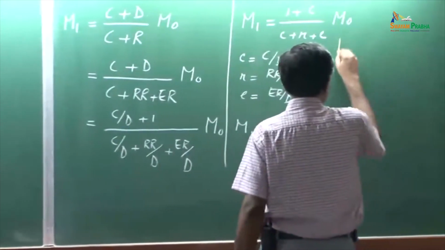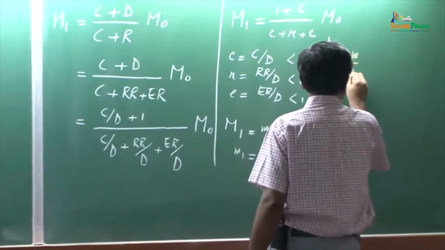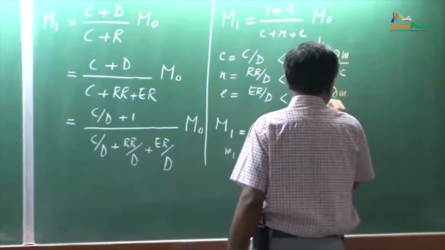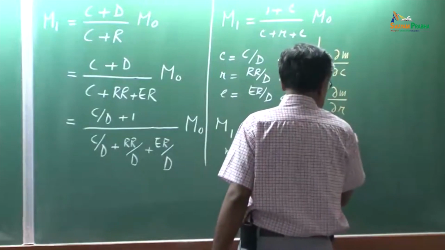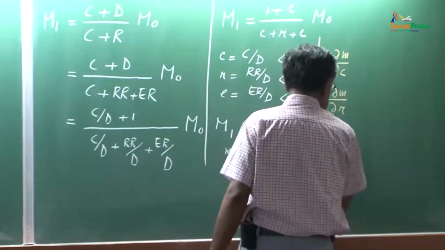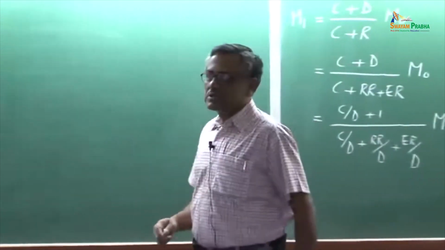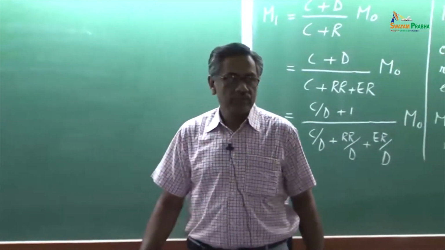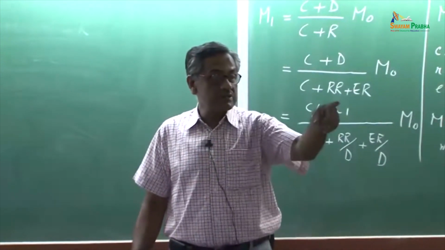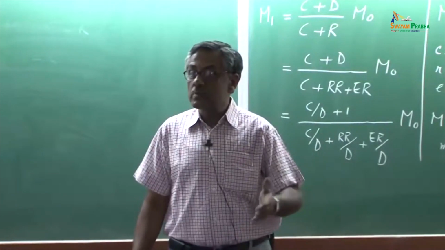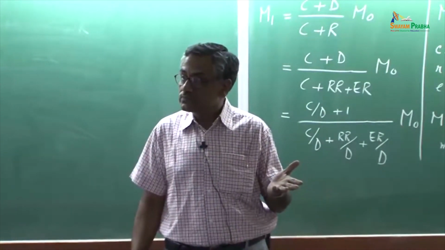Can anybody tell me ∂M/∂C, ∂M/∂R and ∂M/∂E? What would these partial derivatives be, how the multiplier changes when, as he asked me, suppose the currency to demand deposit ratio increases, how would the multiplier change?